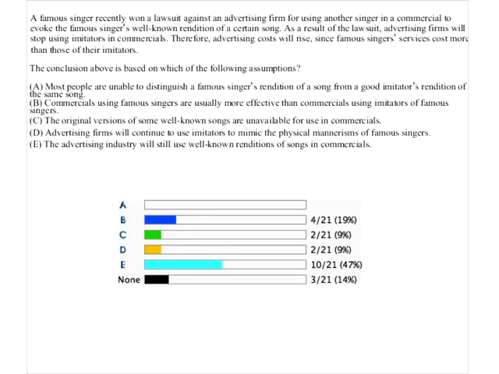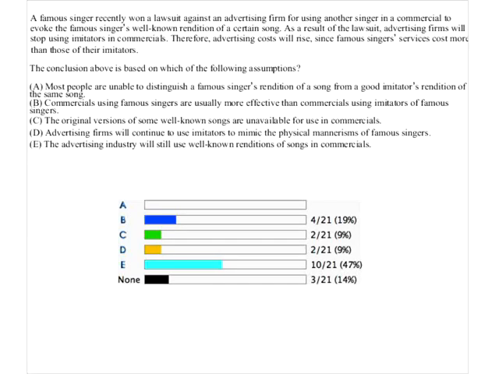So I'm going to copy and paste the problem. Let's see if we can figure this out. Not letting me copy and paste.